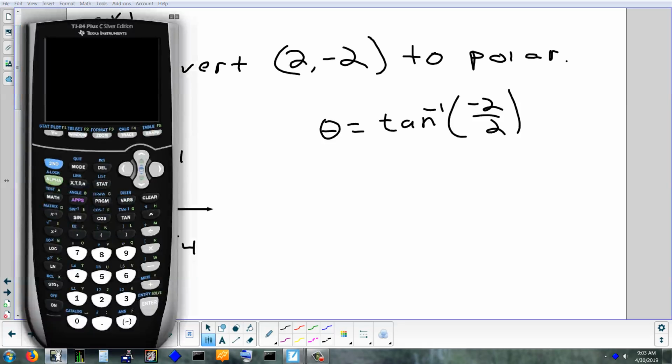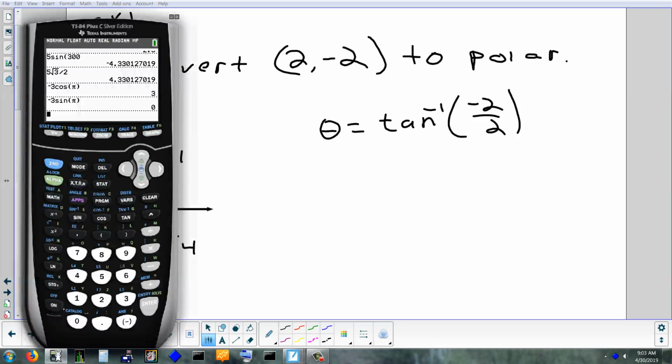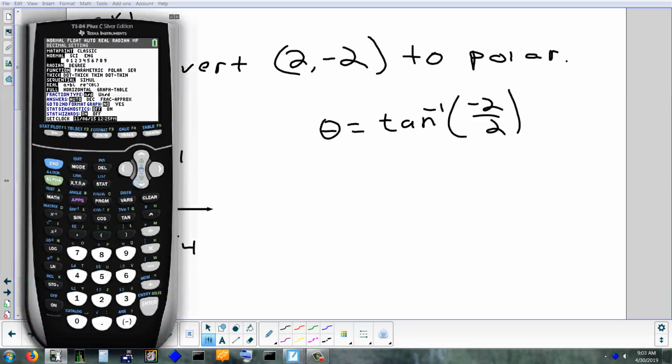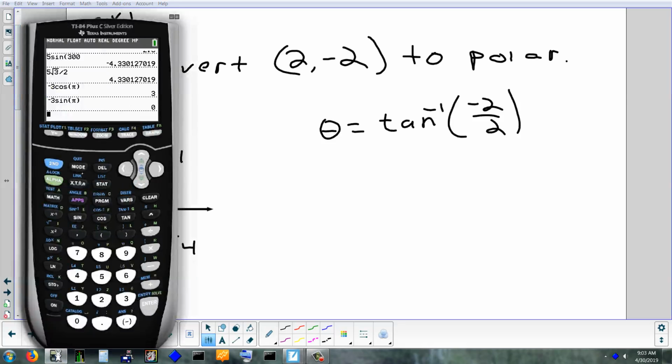Now, just to save time when I type it in, what's negative 2 over 2? Negative 1. So I'm going to do the angle in degrees. The question didn't say to do it in degrees or radians, so I'm going to pick degrees. Inverse tangent of negative 2 over 2. You could have just typed in negative 1. You get an angle of negative 45.